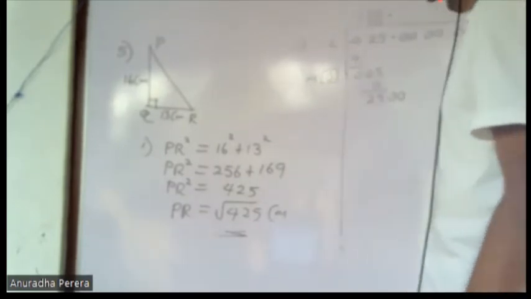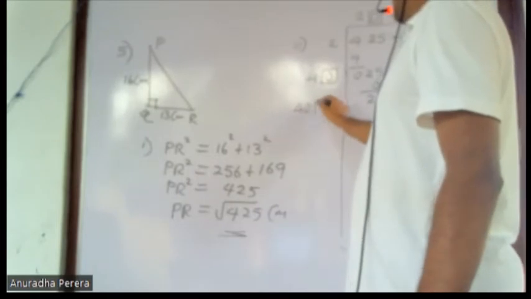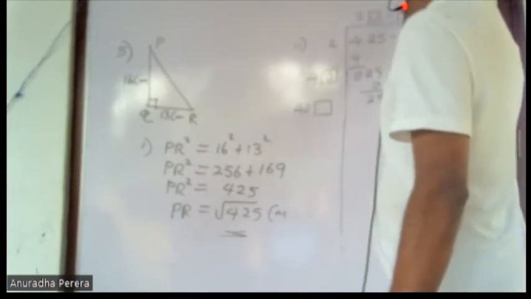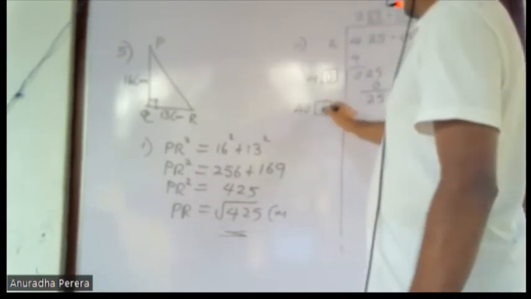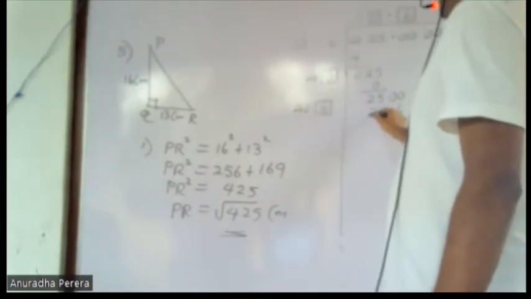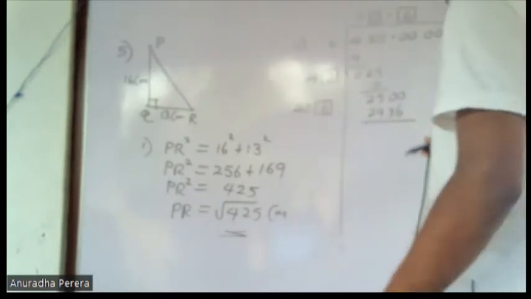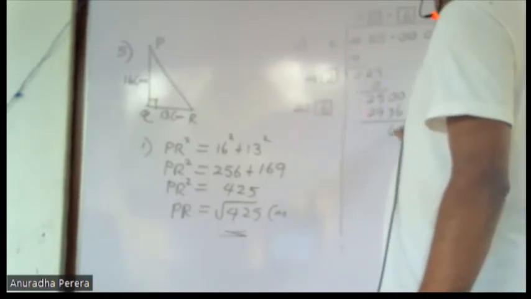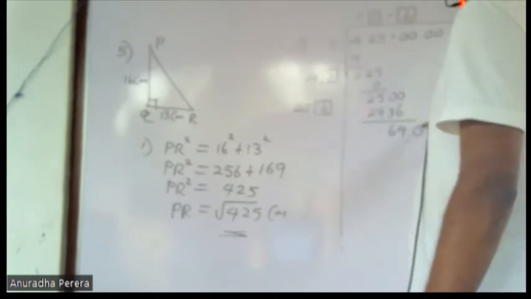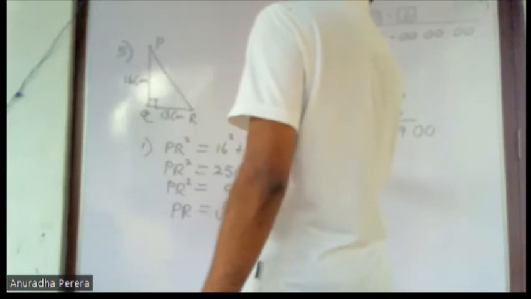Next pair, put the decimal point. Twice of 20 is 40. I think the value is 6. 36, 24. Yes. 464. Next pair. Twice of 206 is 412.